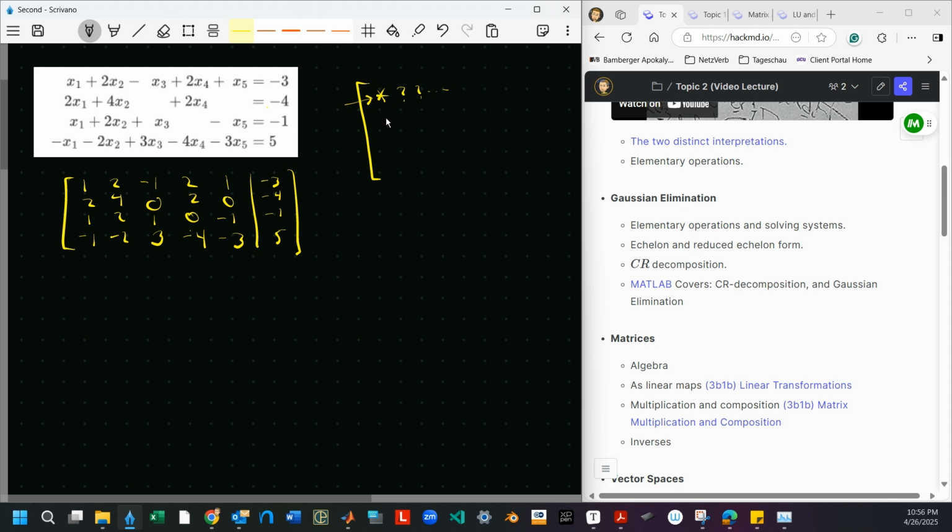And then here I might have 0 and 0 and then another star, like that. And then some entries, whatever they are. We're really just interested in where these first non-zero things in each row are. Below one of these, these will all be zeros, and below this will all be zeros. So this is the way an echelon matrix looks.